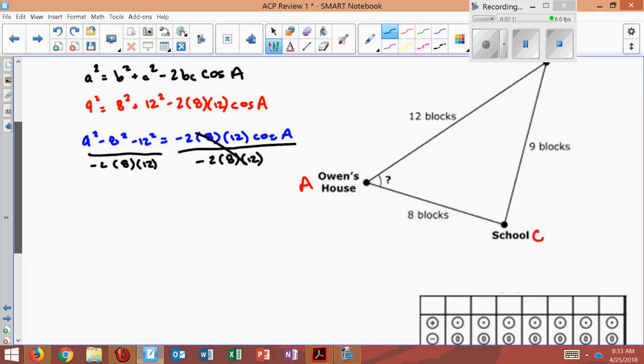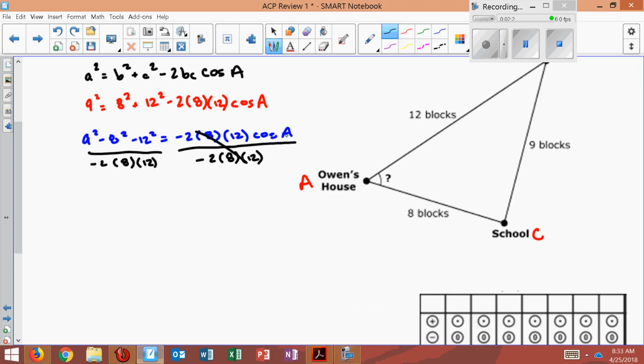And then the last step, how would you break cosine from angle A? You do the inverse of cosine. So if you want to type all this in the calculator, you would do cosine inverse of 9 squared minus 8 squared minus 12 squared, all over negative 2 times 8 times 12.